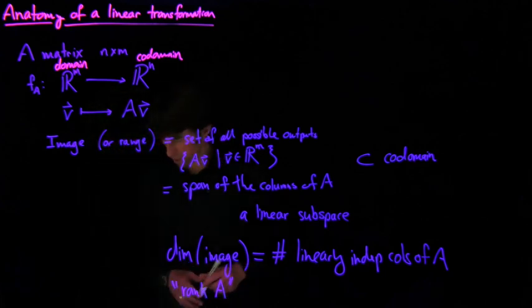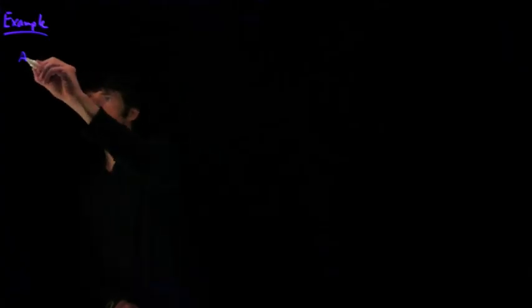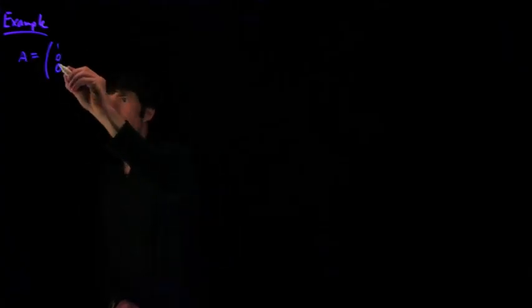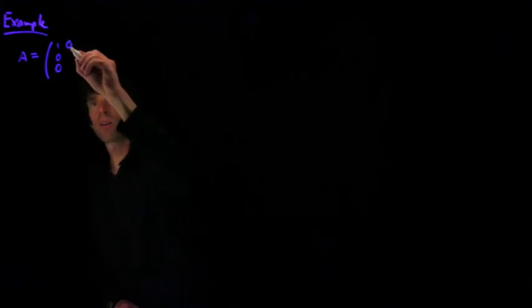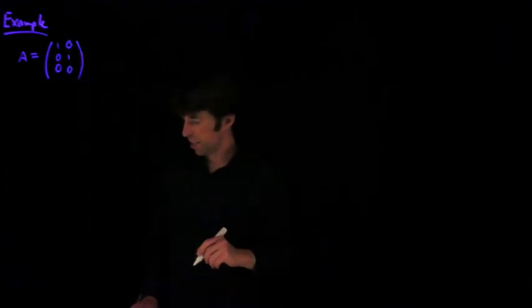Now let's look at a couple of examples. So if my matrix A is 1, 0, 0, and then 0, 1, 0, what is the image here?